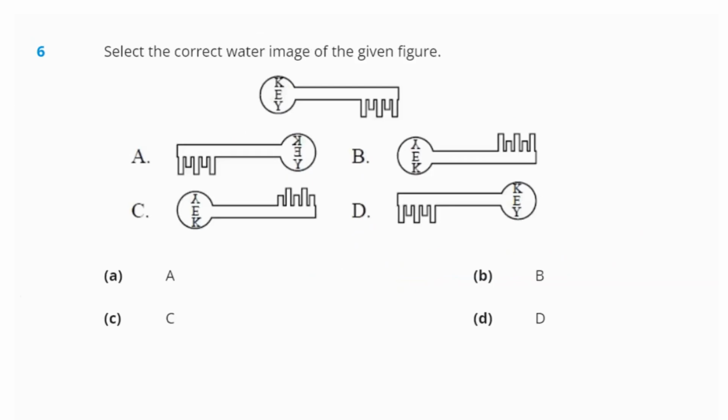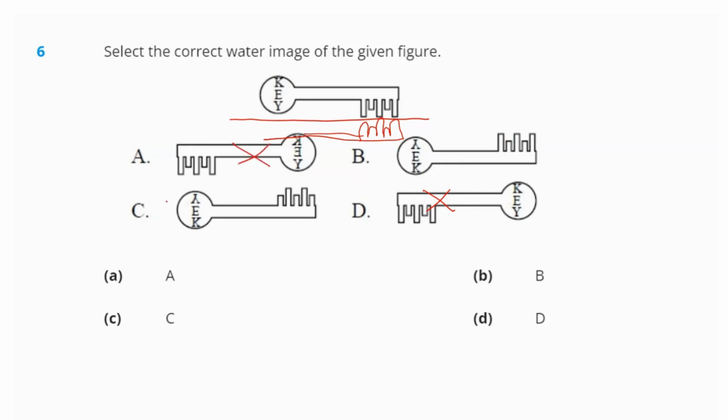Select the correct water image of the given figure. Let's try to make the water image. We'll make a smaller water image. So this will be a wrong answer because they are facing this side.